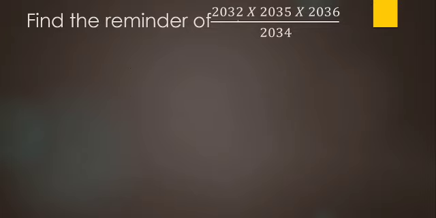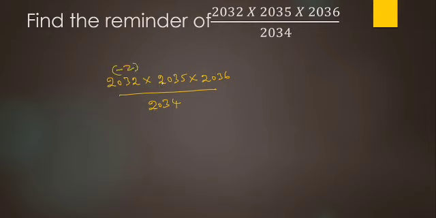So what will be the remainder? We will write here 2032 into 2035 into 2036 divided by 2034. This kind of problem can be solved in a very simple fashion. Now this is 2 less than 2034, this is 1 more than 2034 and this is 2 more than 2034.